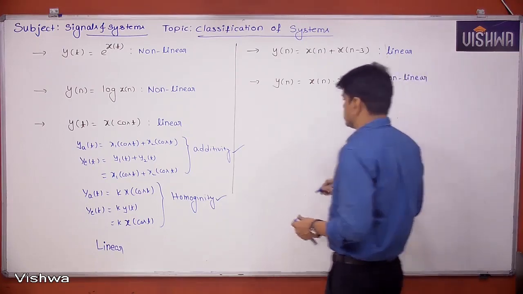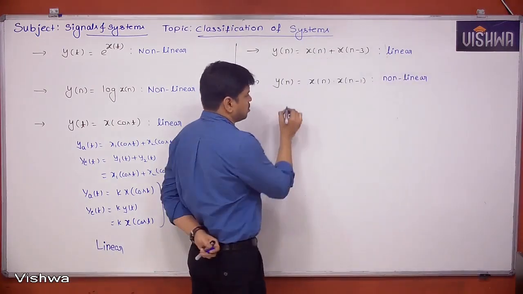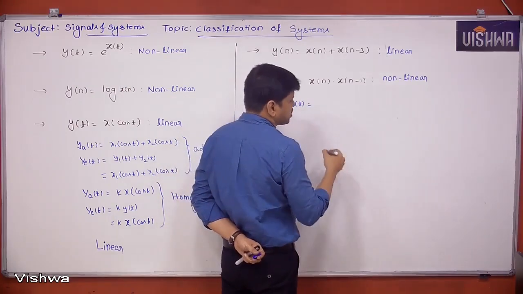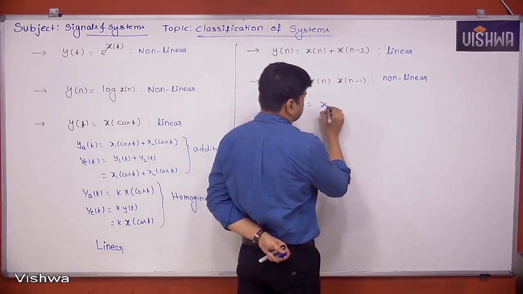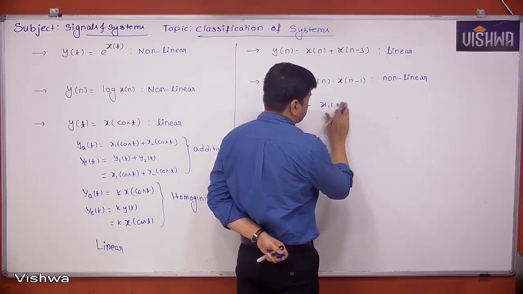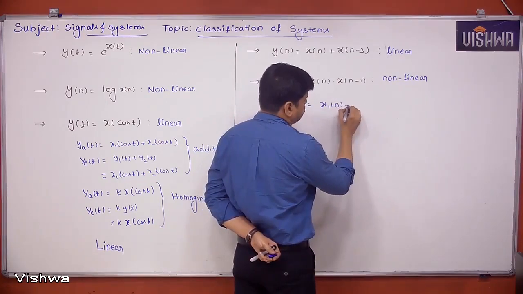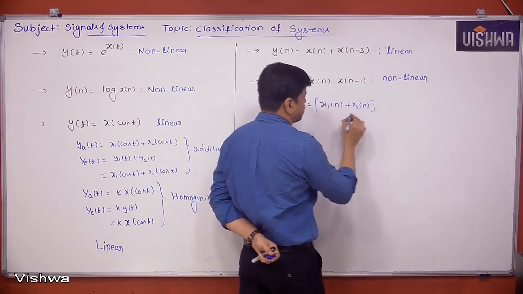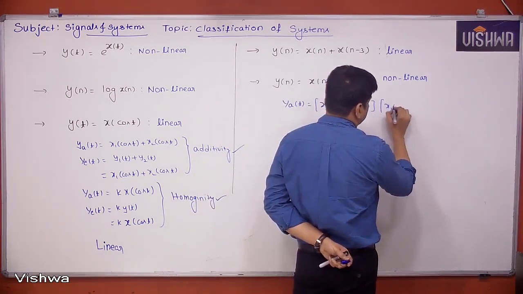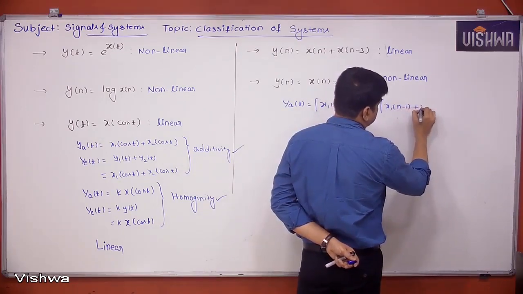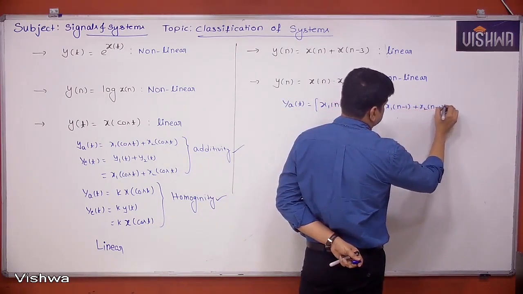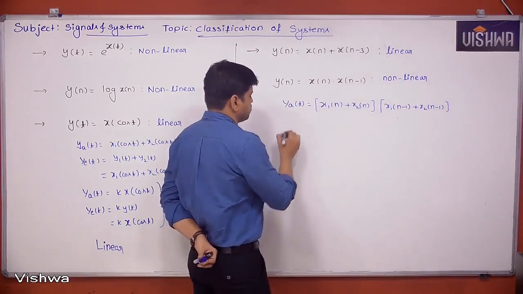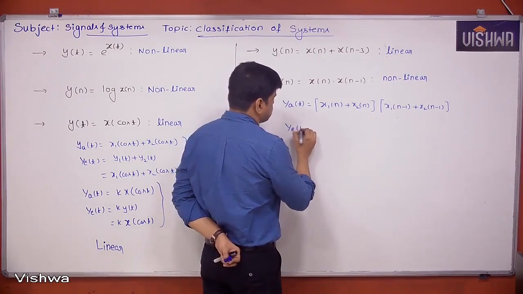How, sir? Let's check it out. Actual output in the additivity principle, wherever x is there, that has to be replaced with x1 of n plus x2 of n, multiplied with x1 of n minus 1 plus x2 of n minus 1. So this is the actual output we got. But what is the expected output?